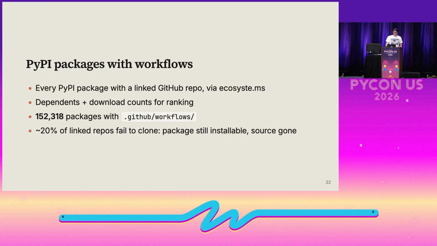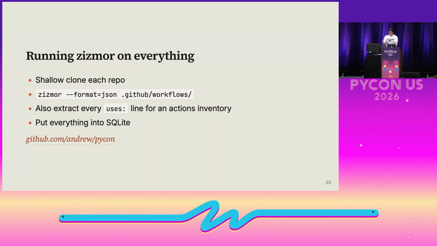And I did. So I basically took 150,000 repos. I did shallow clones, and I also found that about 20% of these packages, the repo is gone. That's a whole other talk: there's a load of packages that don't have a source repository anymore.